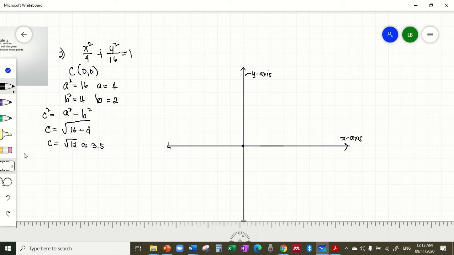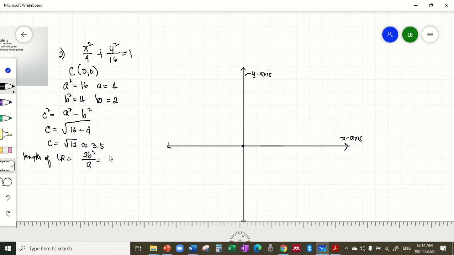So, the length of latus rectum para ma-graph natin is 2b squared over a.